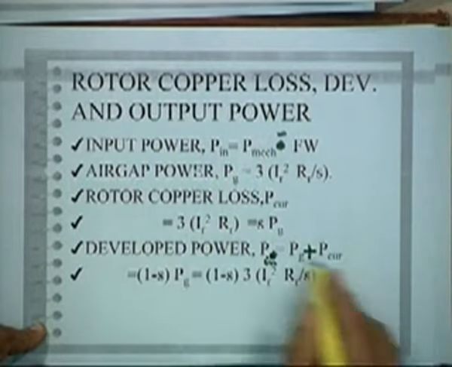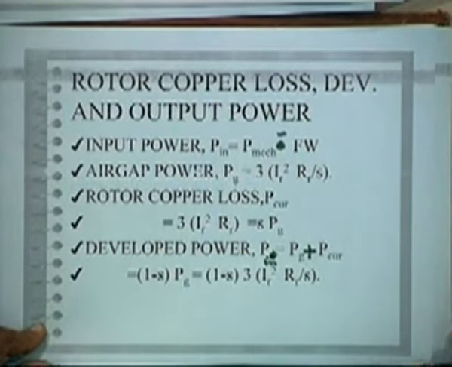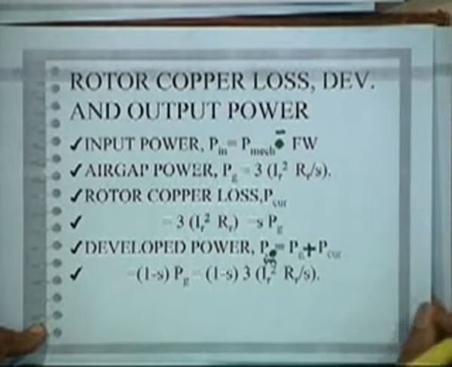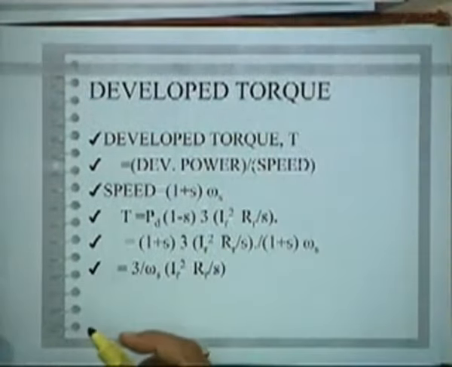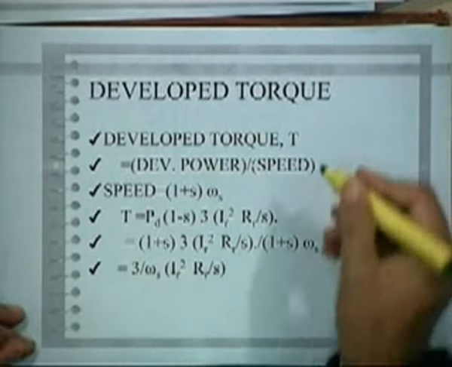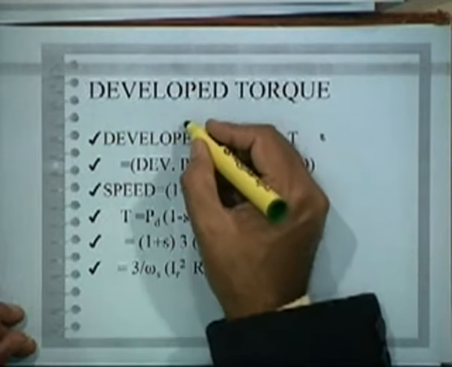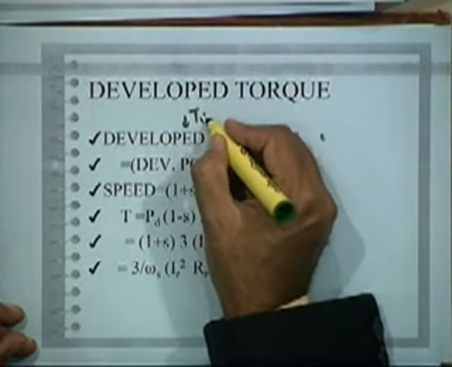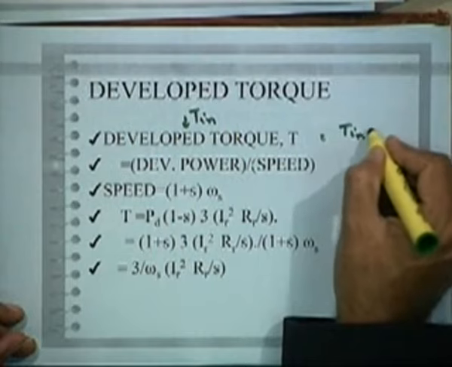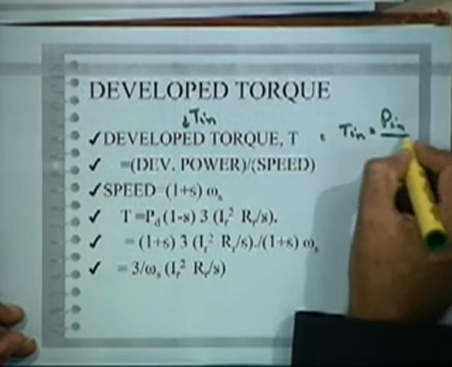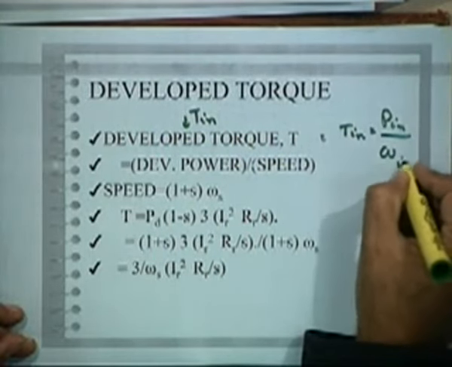So you have to rewrite the mechanical performance equations to get the characteristics of this one. Okay, and then you can also find out the developed torque. Developed torque will be basically input torque. So T input will be power input divided by omega input, isn't it?